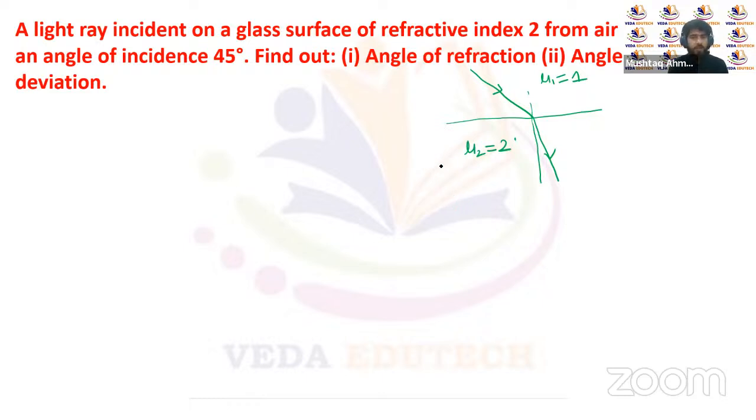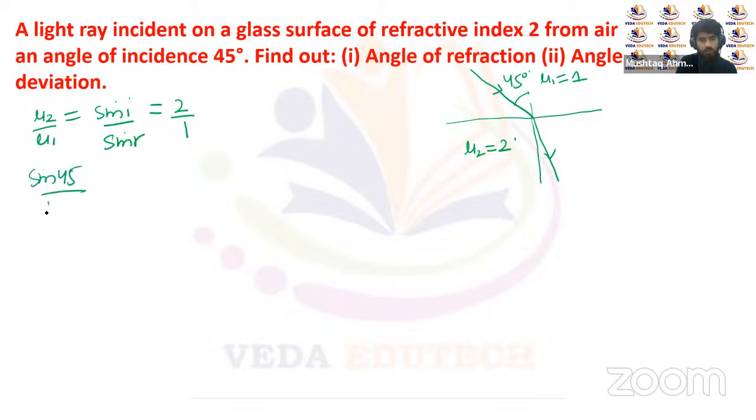Now the angle of incidence is given as 45 degree. It means this angle is 45 degree. We have to find the angle of refraction. We will be using Snell's law: mu2 upon mu1 is equal to sine I upon sine R. So mu2 is 2, mu1 is 1, and sine I is sine 45, upon sine R, that is equal to 2.